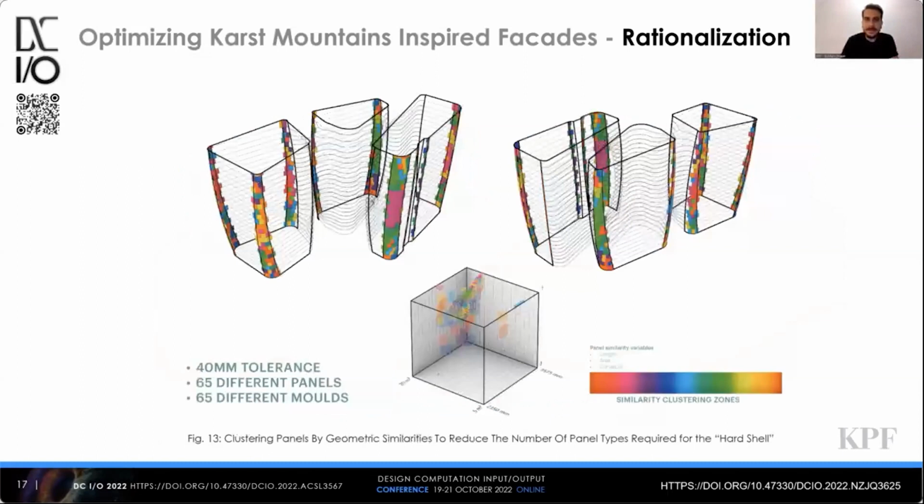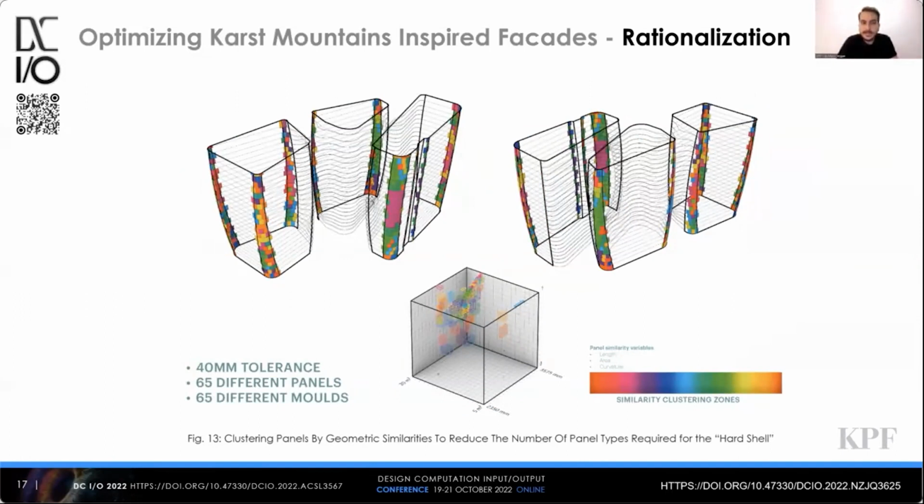After this first step, we applied the staggering grid for the corners, and then we agreed on a tolerance amount with the engineers, which is 40 millimeter tolerance for the manufacturing method.